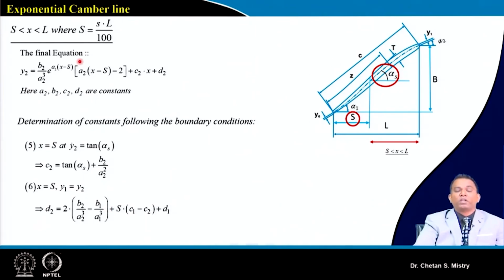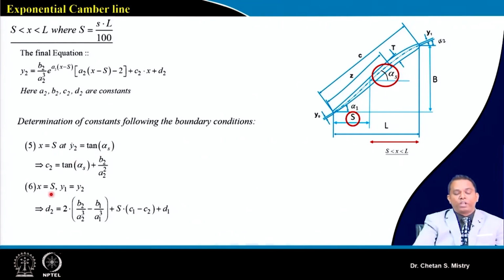My equation will be written as y2. We can say these are the constants a2, b2, c2 and d2. Again we will be putting our boundary condition at the inflation point. So at x equal to s, we will have y2 dash equal to tan alpha s. That will give me my constant c2.